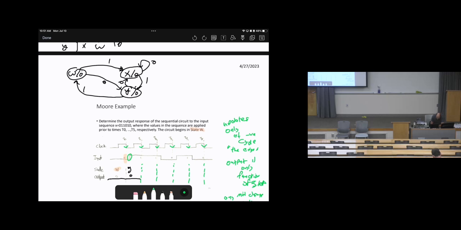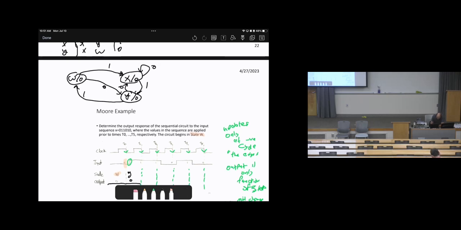Then here we are at Y with output 0, and the update happening here makes the input 1. When the input is 1 at Y, it will go to W. And since W has output 0, the output will be 0 as well.